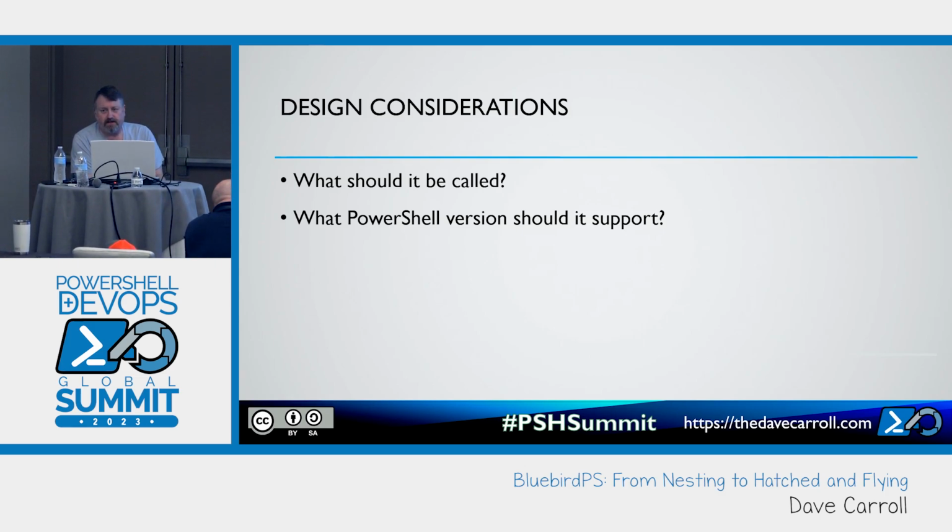It's going to be cross-platform. I won't have to worry about the differences between the web cmdlets between PowerShell 5, 5.1 and 7. And also 7 is a long-term servicing release. So it's going to be PowerShell 7 support, and that's it. And since I was the one in charge, I said yeah.